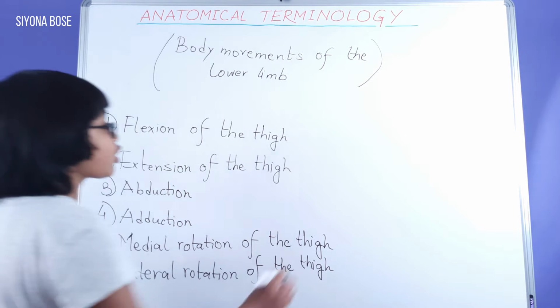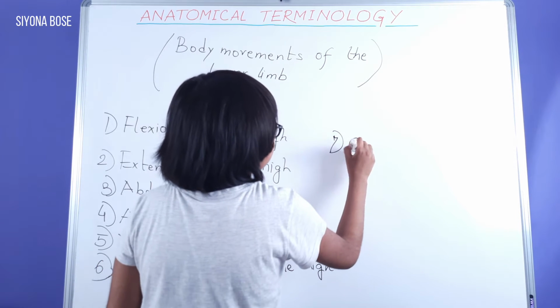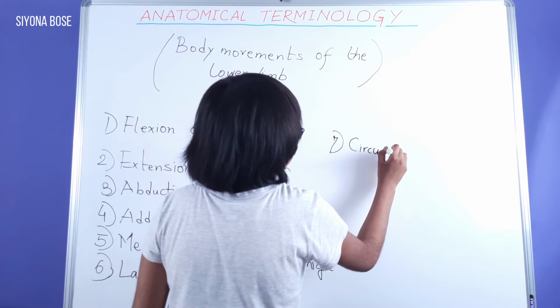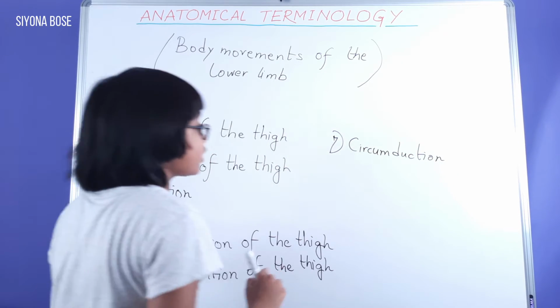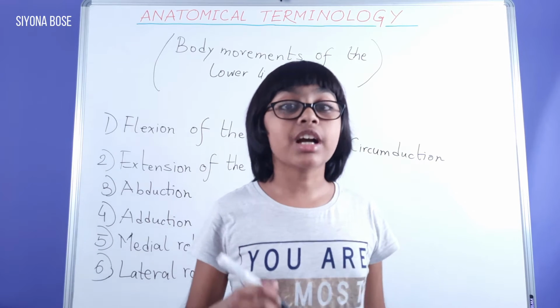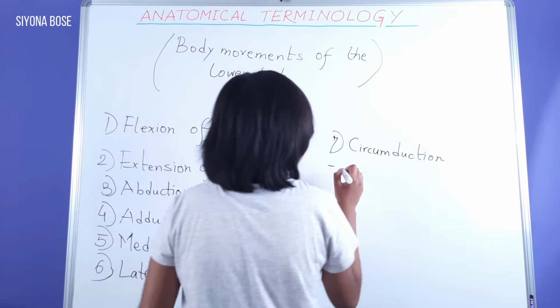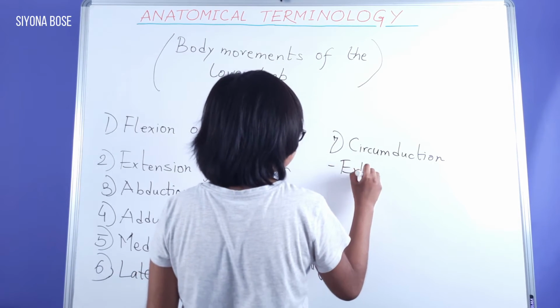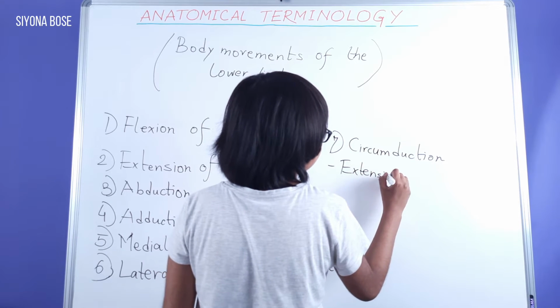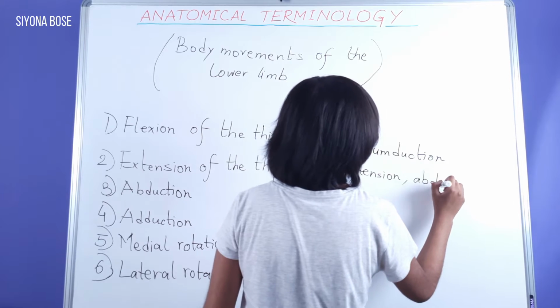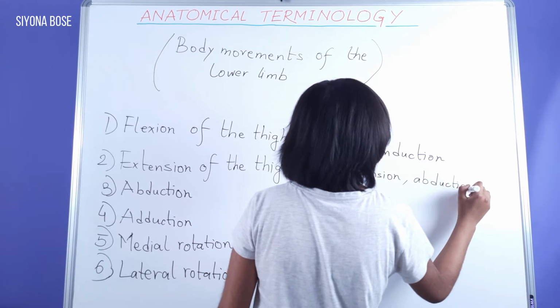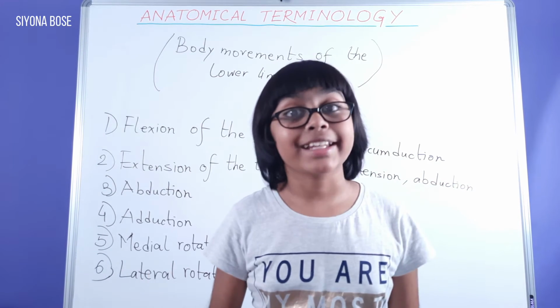And finally, the last movement of the thigh is circumduction, which is an order of movements that are extension, abduction, flexion, and adduction.